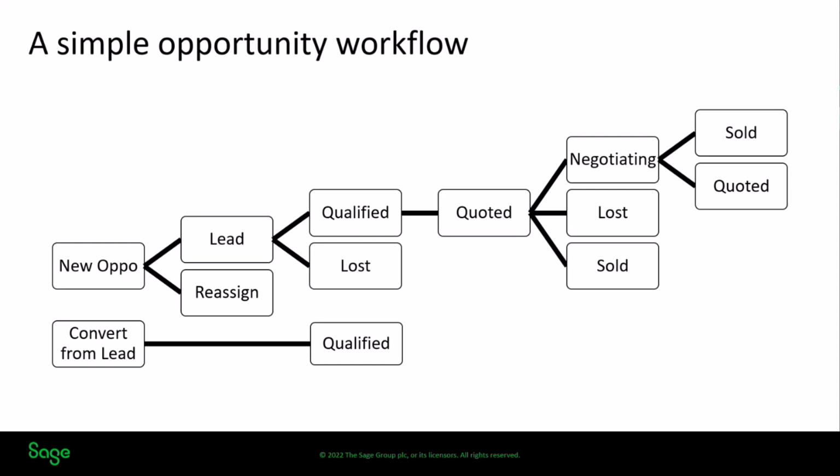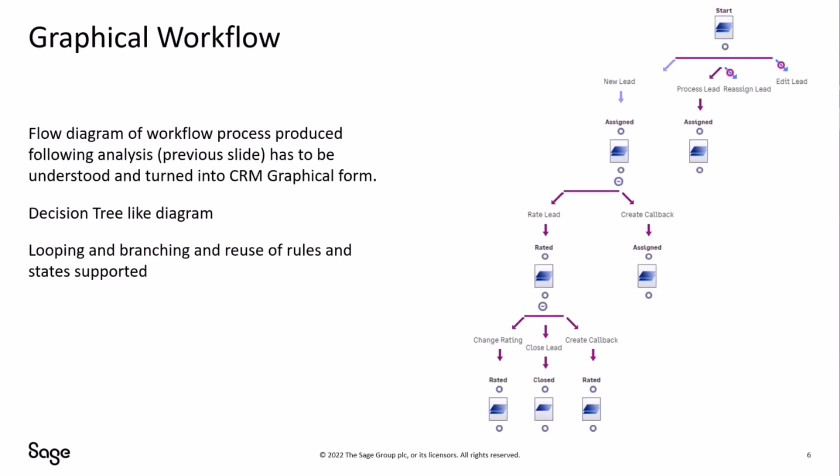So there is a graphical compromise inside Sage CRM, which means that our diagramming to represent this allows for all of this behavior, but it looks like a decision tree. If we end up at any particular point that is a workflow state, then we know that all of the transitions beyond that state are available wherever you've ended up.